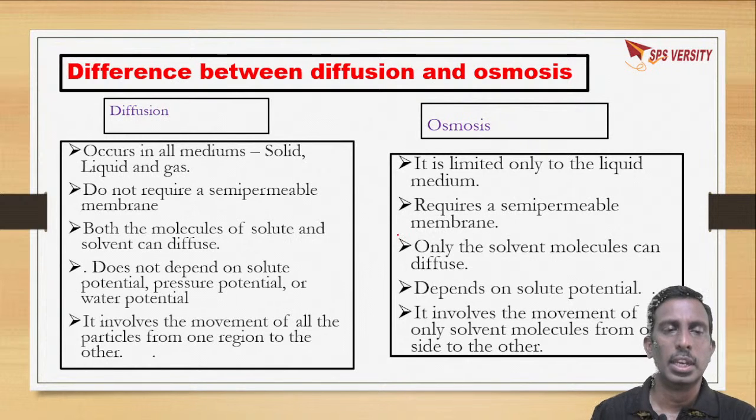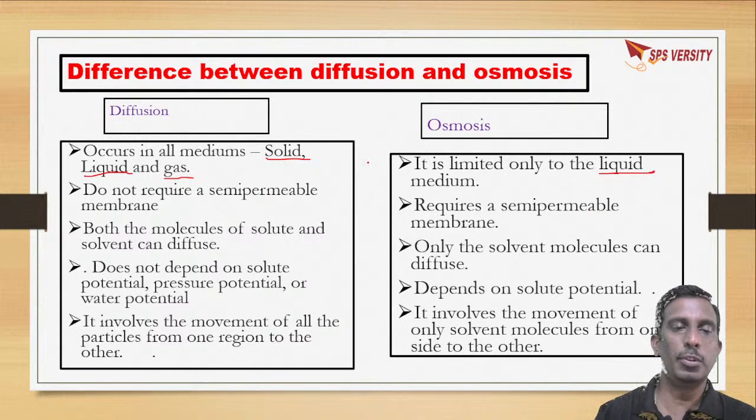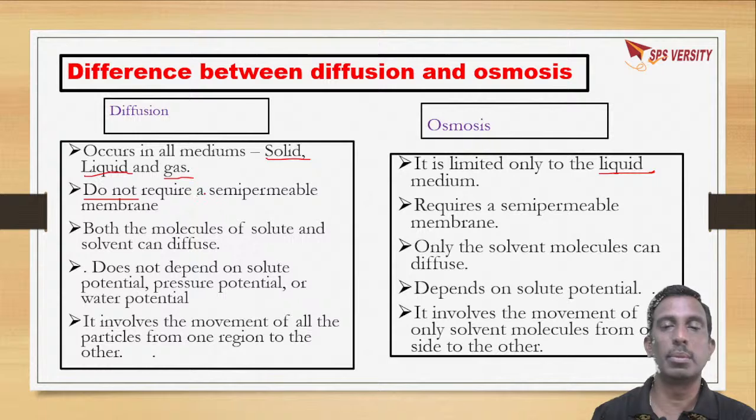Okay. So these are the differences between diffusion and osmosis. Diffusion occurs mostly in gases, very little in liquids, and very rarely in solids, whereas osmosis is limited to a liquid medium. Diffusion may not require a semi-permeable membrane, whereas osmosis needs a semi-permeable membrane.